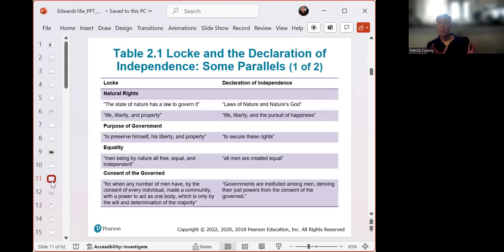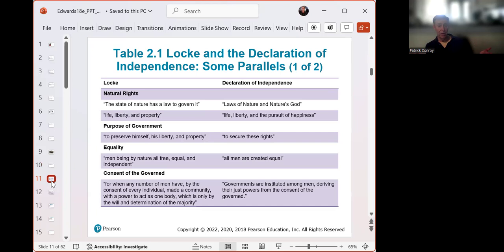If you look at some of the language in the Declaration of Independence and Locke's writing, it's very similar. The state of nature has a law to government. Law is in nature, nature's God, sort of those things. Life, liberty, and property. In the Declaration of Independence, life, liberty, and the pursuit of happiness.